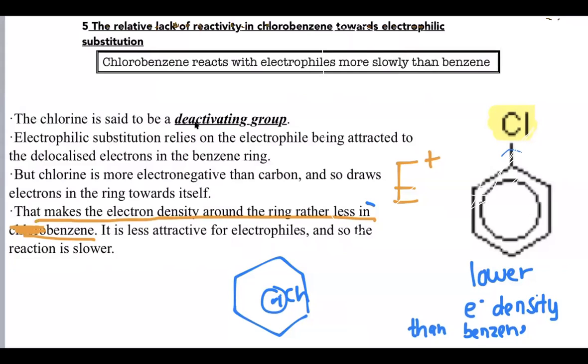I want to re-emphasize again, benzene is more electron rich than chlorobenzene. Benzene attracts the electrophile more than chlorobenzene.